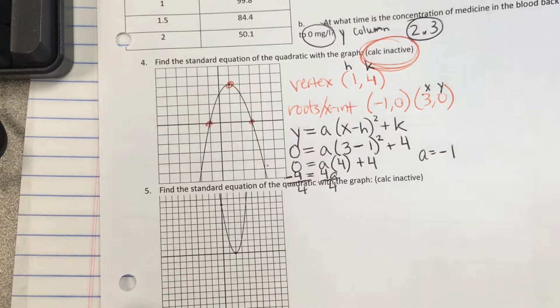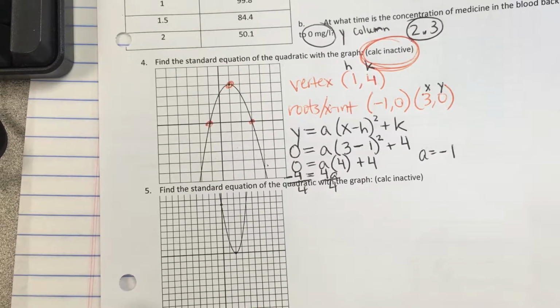Now, you can also get the a value just by looking at the graph. This one's opening down, so it has to be negative, okay? You also need to know what the a value is. It can be 1, it can be 2, it can be 3. This one goes down 1 over 1, then down 3 over 1, then down 5 over 1.